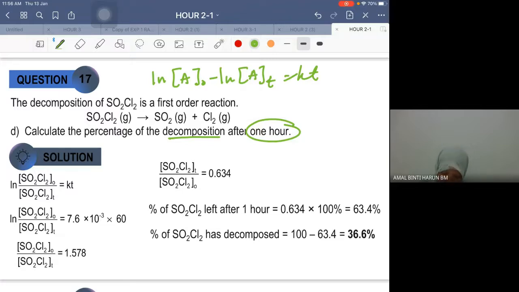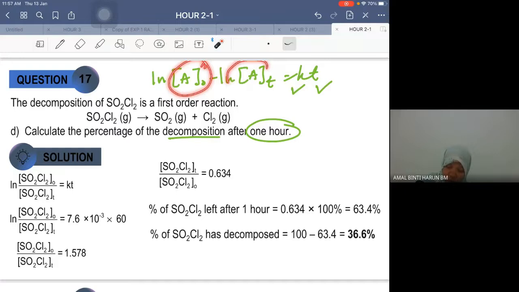So initial concentration pun dia tak bagi, percentage decomposition after one hour. T ada, ini pun ada, K ada tu.